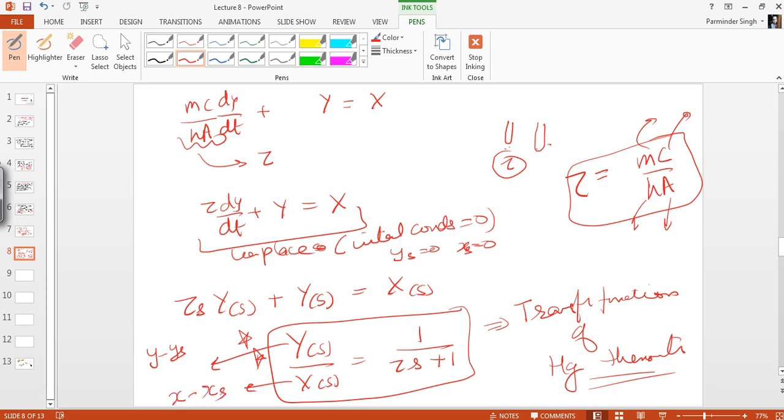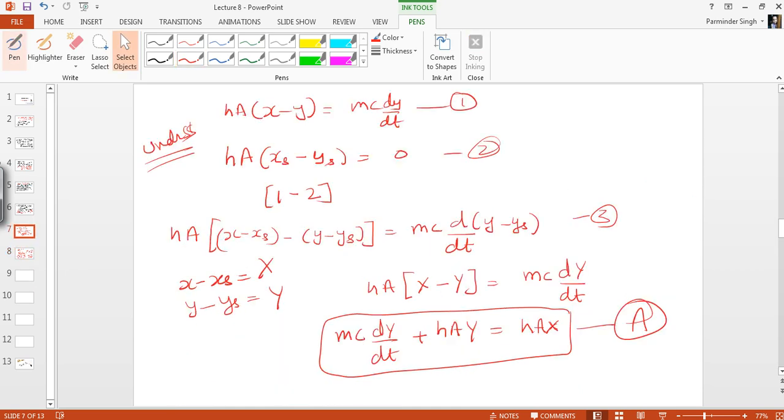Because in the previous slide, this has been done intentionally because x minus xs is the deviation from the steady state. After steady state, if you change the surrounding temperature, how does that vary? Initially the thermometer was at some initial value, that is steady state. So after changing the surrounding, how does that vary? So it is y minus ys. So these are basically called deviation variables.